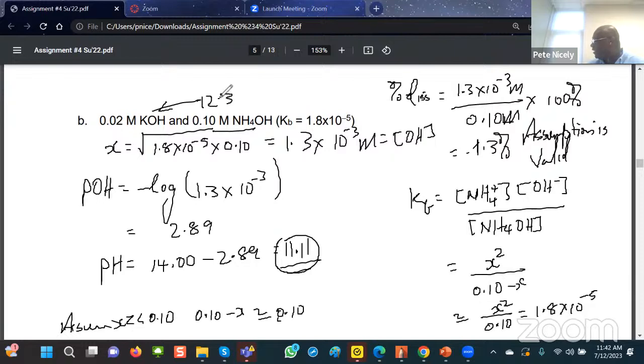For the ammonium hydroxide, we got 11.11. So therefore, what did the question ask for? The question asked, compare. All right, so basically we can say that the potassium hydroxide has a higher pH compared to the ammonium hydroxide. So that's basically how that is done.